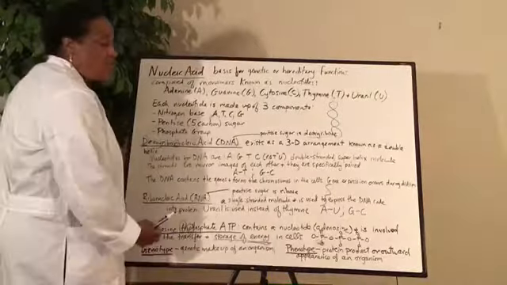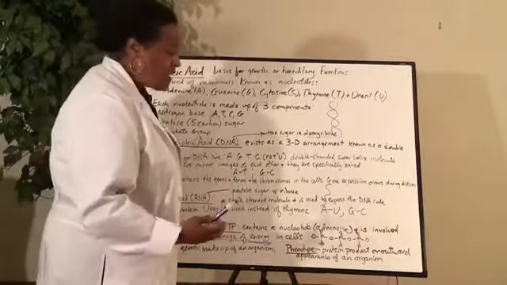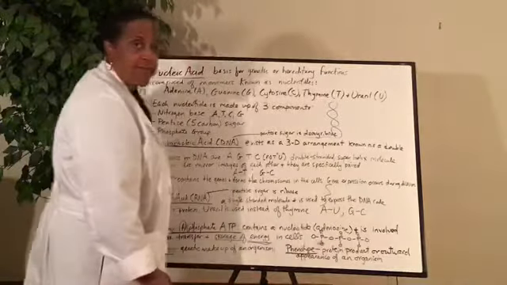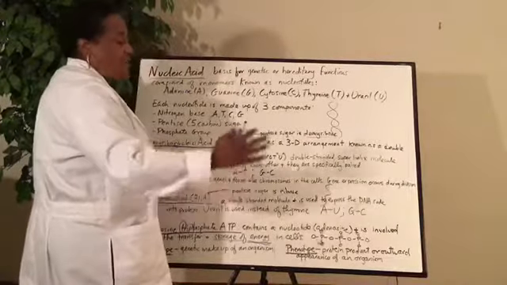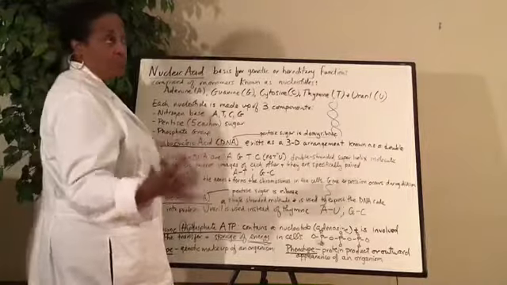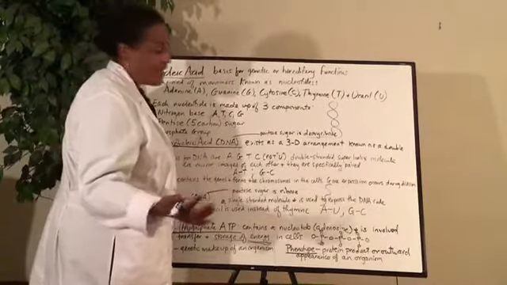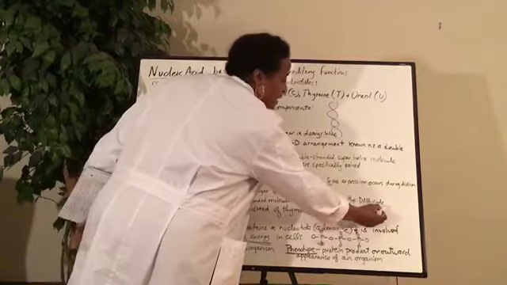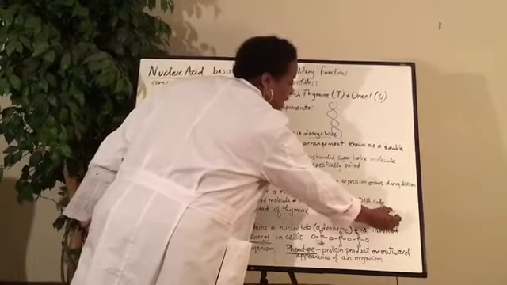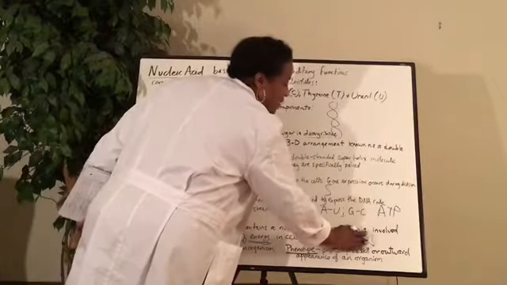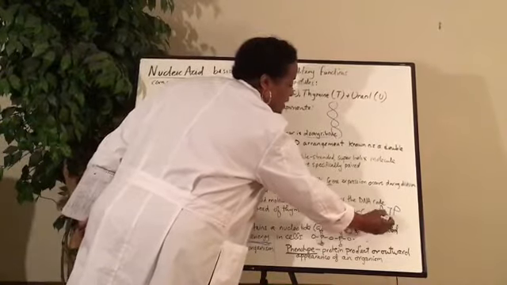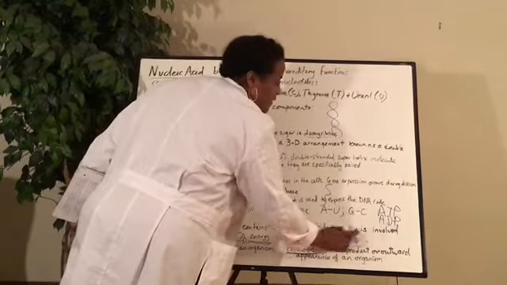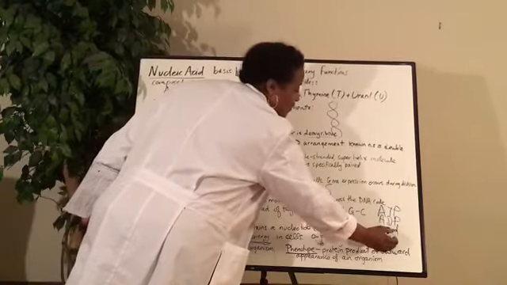As you lose energy, for example, this is a high energy state. This is the highest energy state we have, ATP. Say you're sick and you start to deteriorate. You start to lose energy. This goes from a triple phosphate to, let's take one off, to a diphosphate, let's take another one off, to a monophosphate.